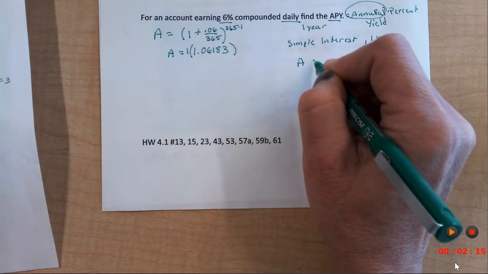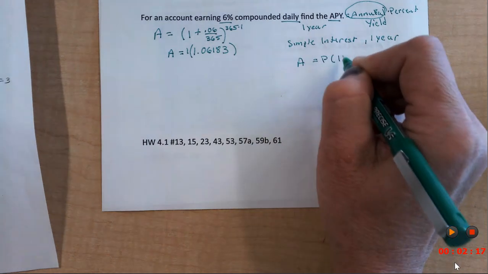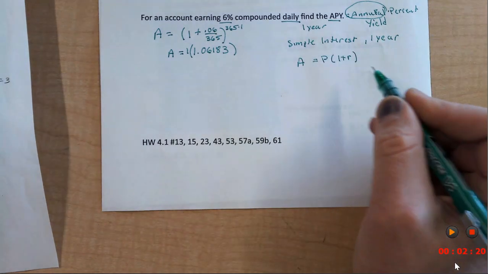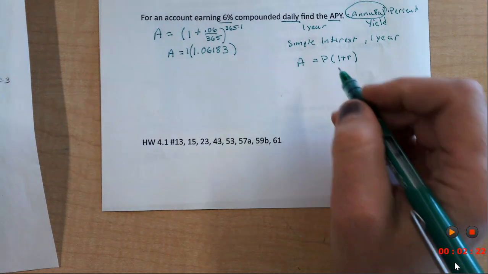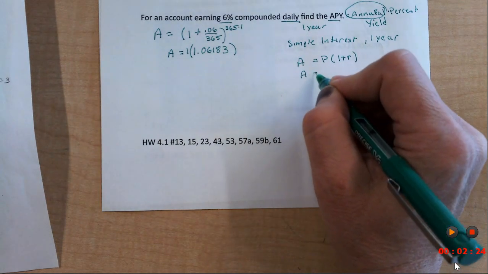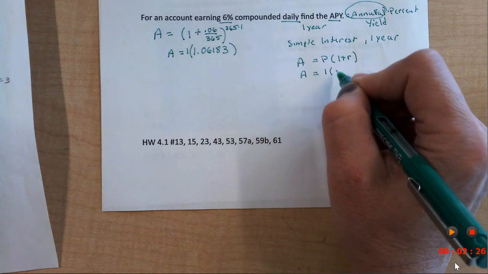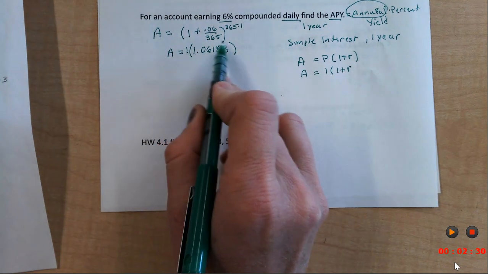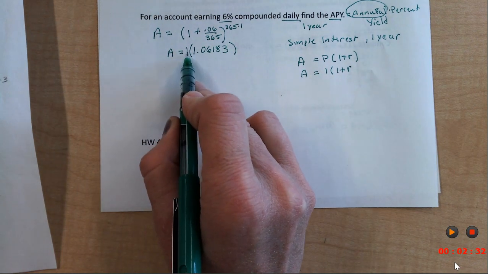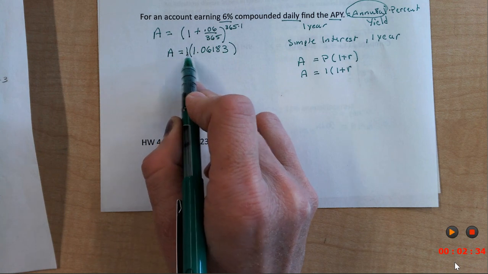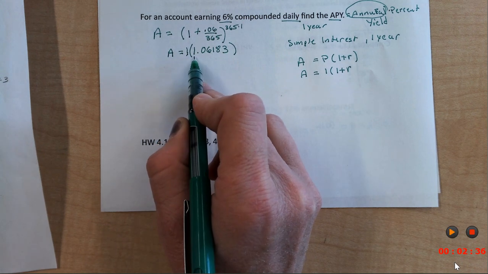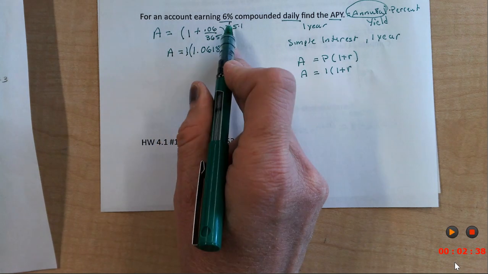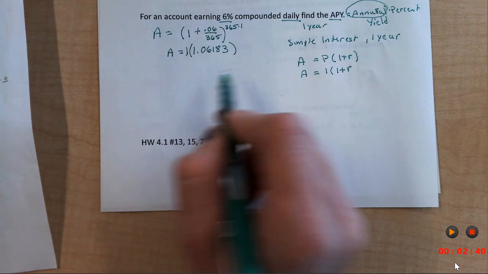Simple interest is A equals principal times 1 plus R. No compoundings, just do it for 1 year. So if I do the same thing for 1 year, my expression would look like 1 times 1 plus R. We did the calculation for one investment, $1, for 1 year at 6% compounded daily, and we got this.